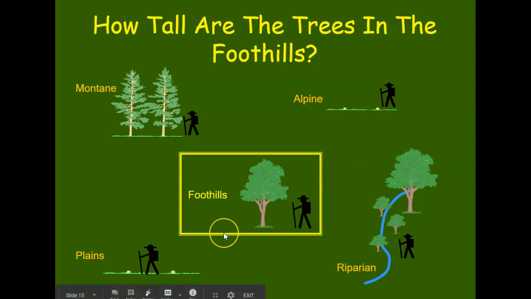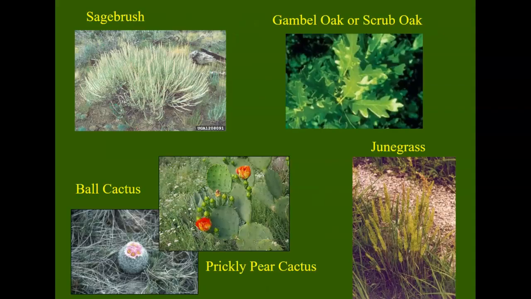So in the foothills, we have medium stature trees, and we have the oak and pinyon forest. So interesting fact, the pinyon pine and juniper and oak forest is the most abundant ecosystem on planet Earth.